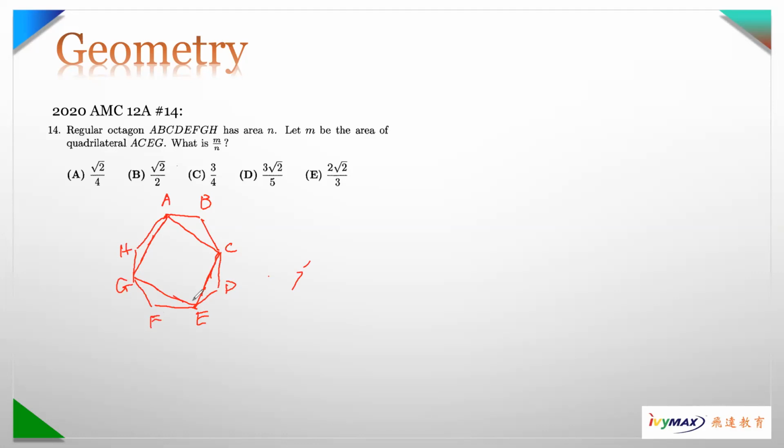You can prove that this is a square. So I just need to find the ratio of the square to the regular octagon. You can define the edge of the octagon as 1.